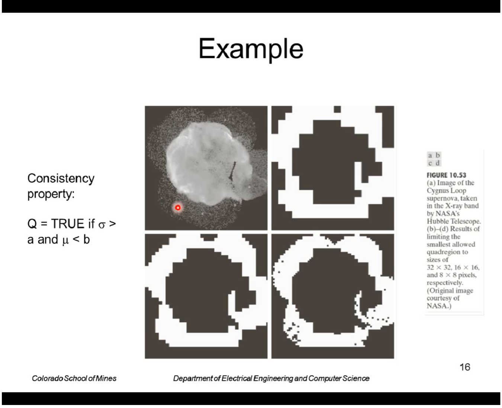So it has a high variance and it has a low average intensity. So we have the logical AND of those two conditions. So if we perform the split and merge technique, depending on what resolution we pick, we get this type of segmentation here.